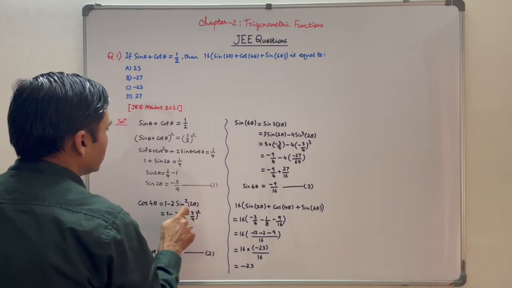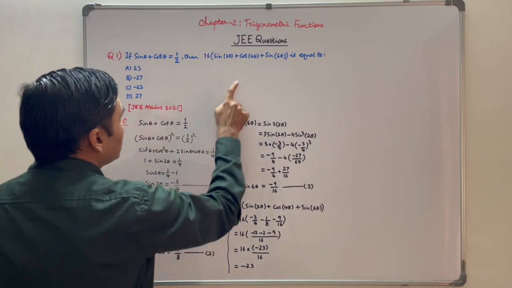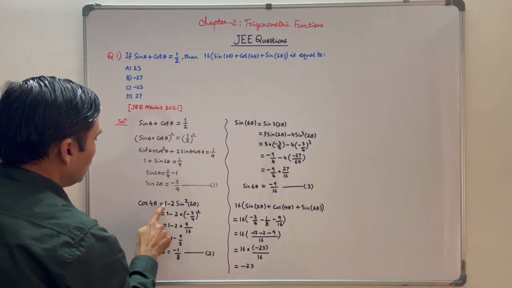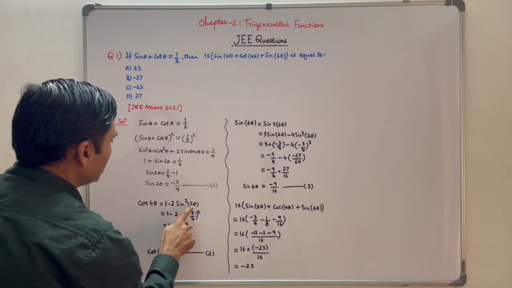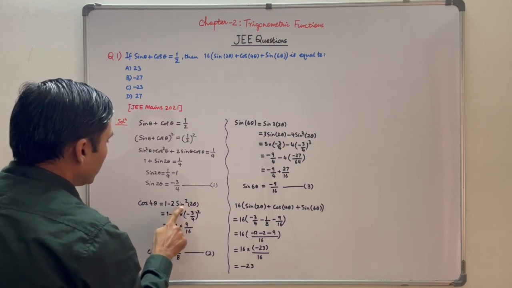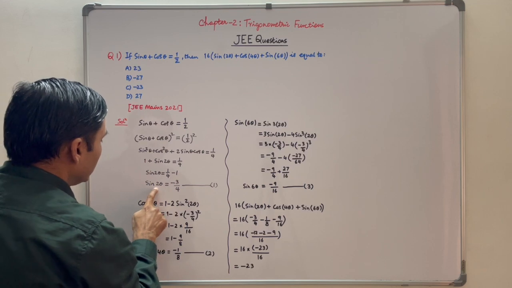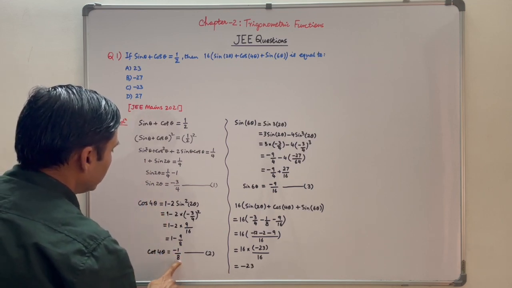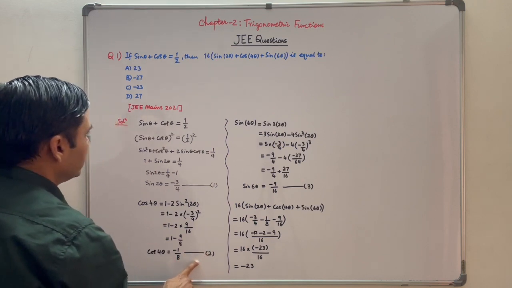This is first equation. Next, we have to get the value of cos 4θ. So cos 4θ is equal to 1 - 2 sin²2θ. Value of sin 2θ we can put from here. So cos 4θ comes out to be equal to -1/8. This is second equation.